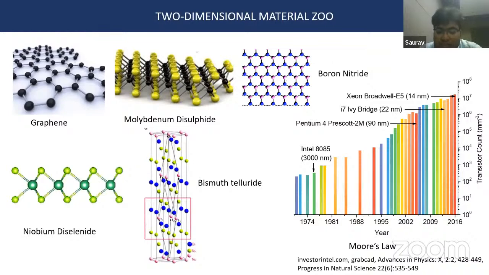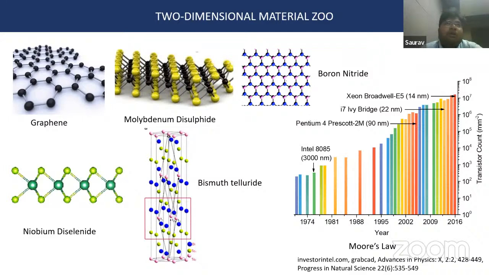Now this field essentially started around 2004, after the extraction of graphene, which was followed by the extraction of several other 2D materials, each having its own unique properties. For example, graphene is weakly metallic, but molybdenum disulfide, transition metal chalcogenides like MoS2, WSe2, they're semiconducting.